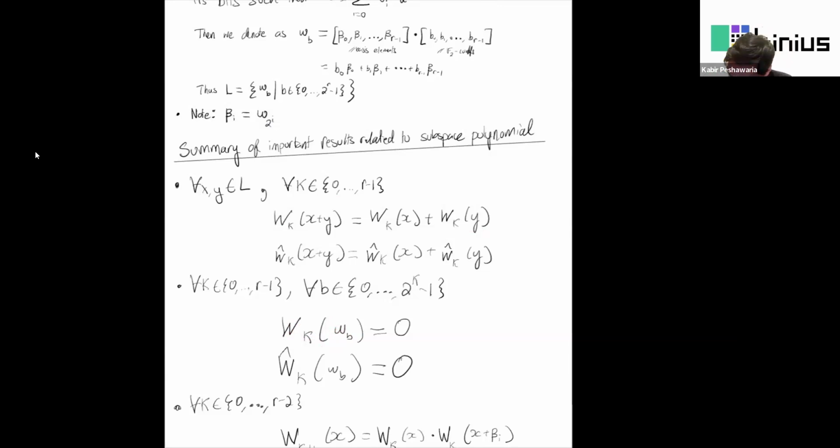So let me actually show that. Let's say, for example, omega b is equal to beta 0 plus beta 2 plus beta 3. Then Wk of omega b is equal to Wk of beta 0 plus Wk of beta 2 plus Wk of beta 3. These are all going to be 0.